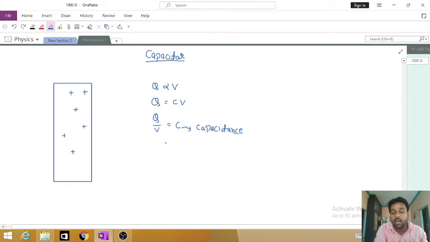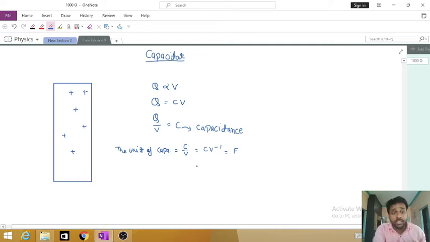So the unit of capacitance is coulomb per volt, or coulomb volt inverse, also known as the Farad. Farad is a very huge unit. That's why we use microfarad, picofarad, and nanofarad.